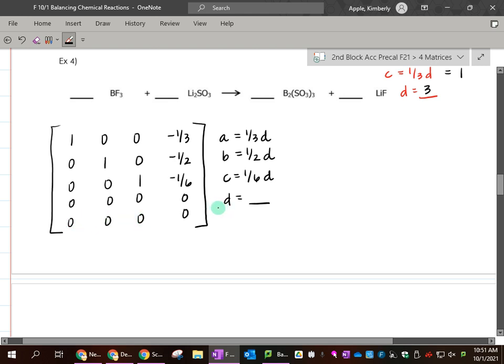So you might think, oh, I've got 2 free variables. No, you do not. This is A, this is B, this is C, and this is D. So what's the last one? For the last 2?